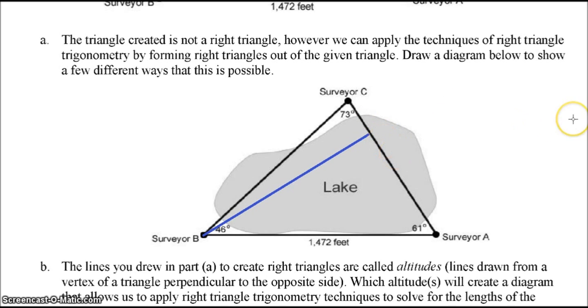These lines have to be perpendicular. Then we have 2 right triangles. Or we could come from Surveyor A to a point about right here. And then we have 2 right triangles.